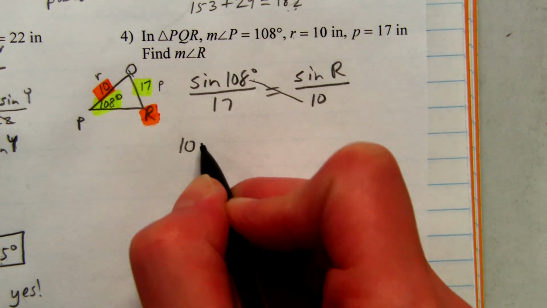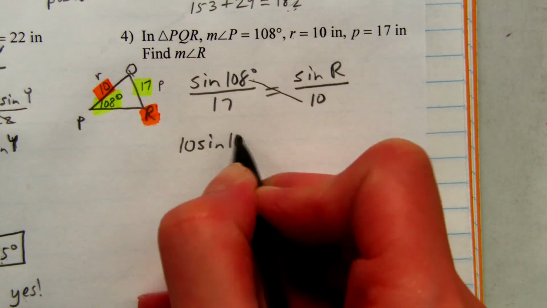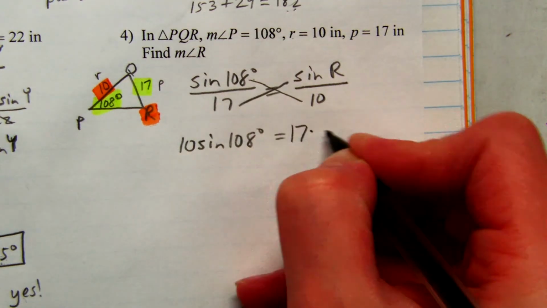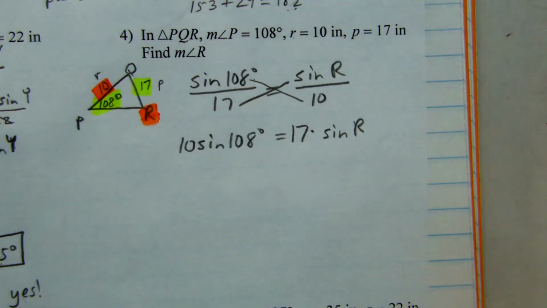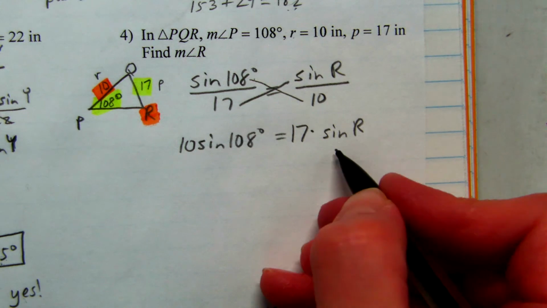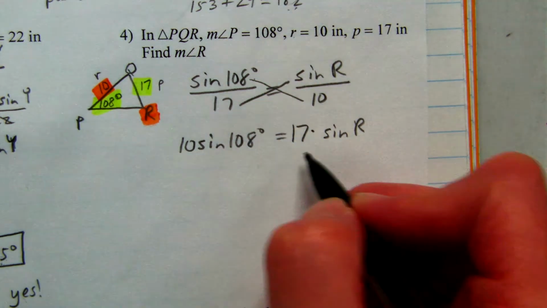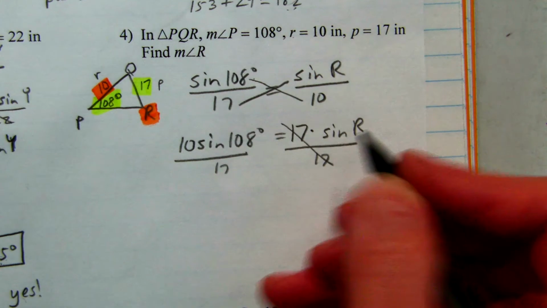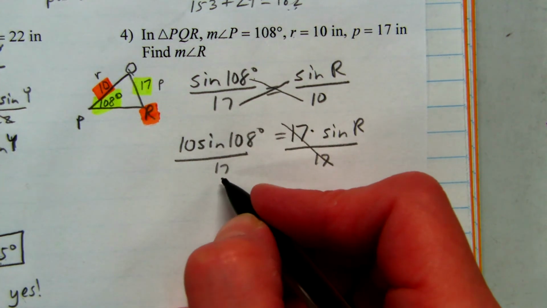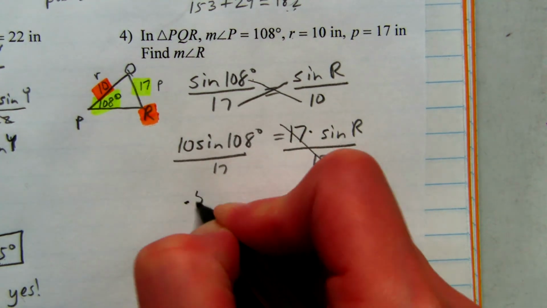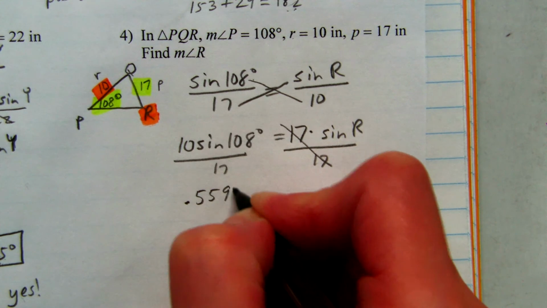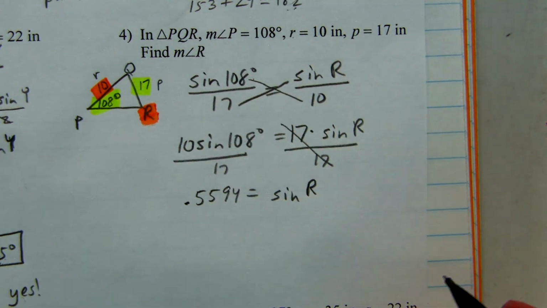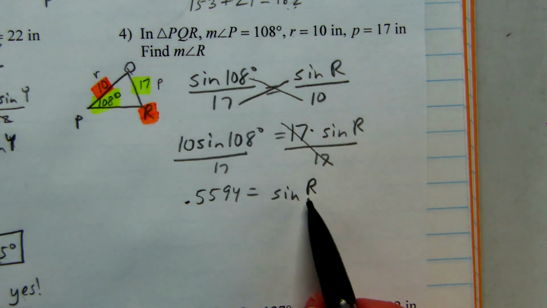So we would have 10 times sine of 108 equals, go this way, 17 times sine of R. How do we get the sine R by itself? Divide by 17. So we do that next. And then if I put that into the calculator, it comes out about 0.5594 equals sine of angle R. And then how do I figure out what angle R actually is?